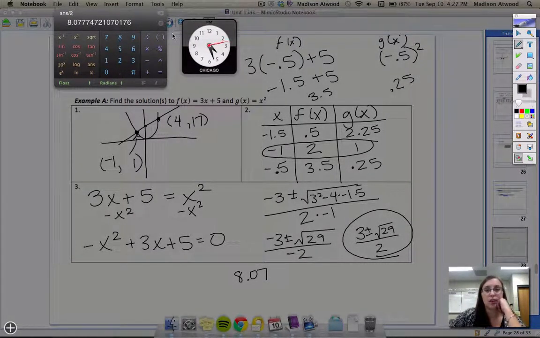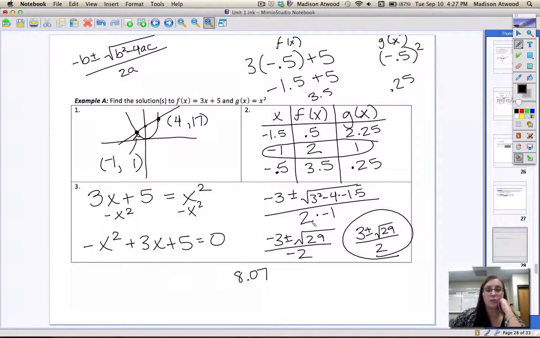That doesn't seem right. That didn't come out anywhere close to what we had there. 3 plus square root of 29 divided by 2 equals 4.19. That seems better.